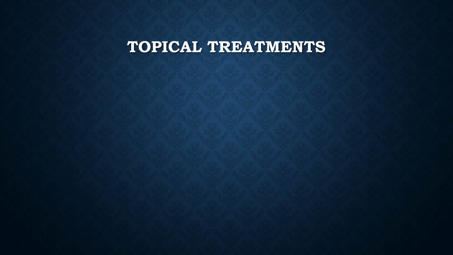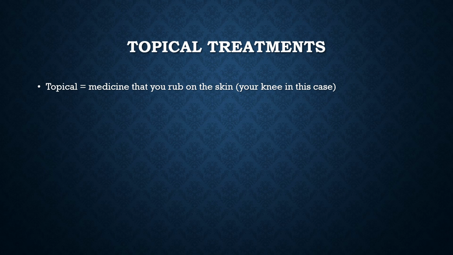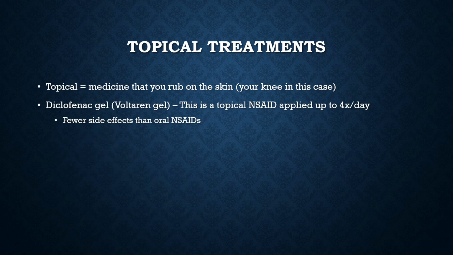Topical treatments. Topical means that the medicine is one that you rub on your skin. In this case, it would be a medicine that you rub on your knee. Diclofenac gel, also known as Voltaren gel, used to be by prescription only, but is now over the counter as well as by prescription. This is a topical NSAID.